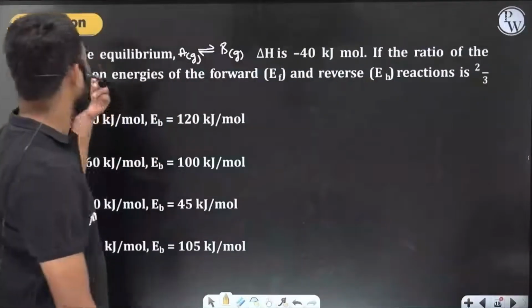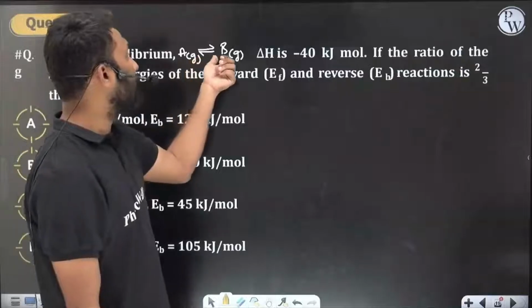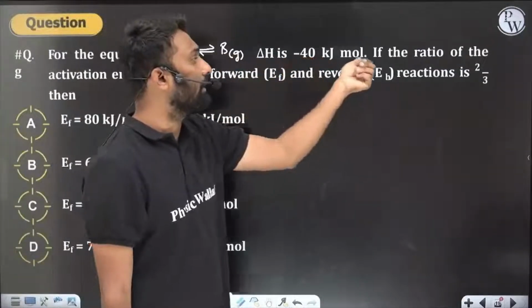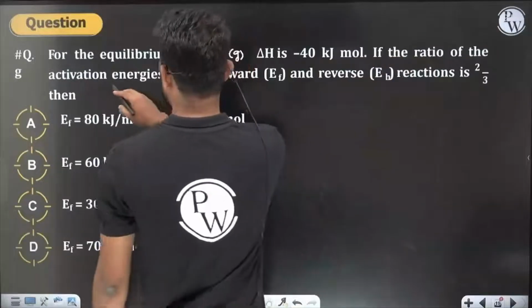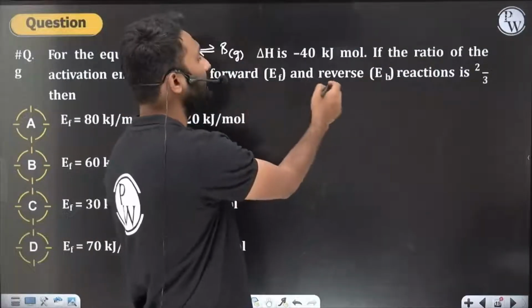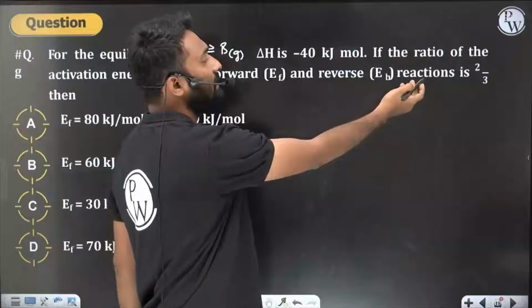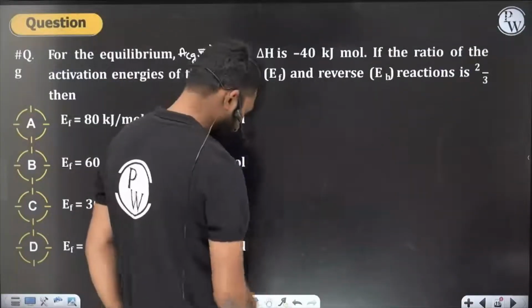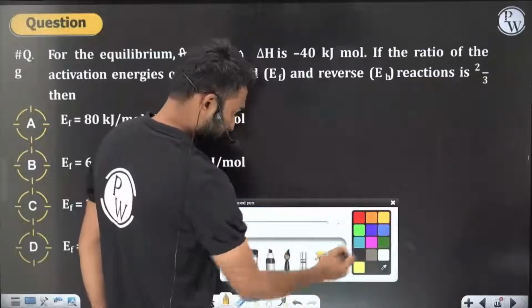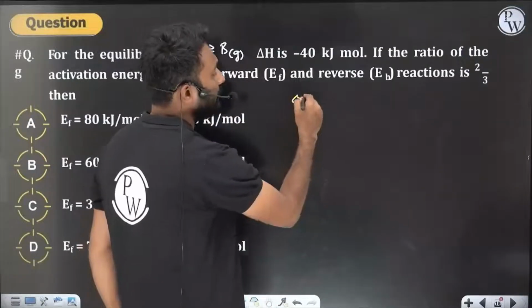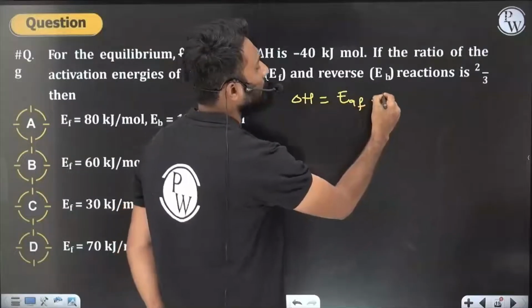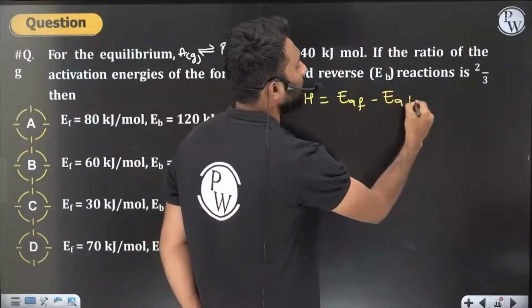Next question is: for the equilibrium, A gas gives rise to equilibrium with B gas, delta H is 40. Now, if the ratio of the activation energy of the forward and the reverse reaction is 2/3, now we know, right? Delta H is equal to activation energy of forward minus activation energy of backward.